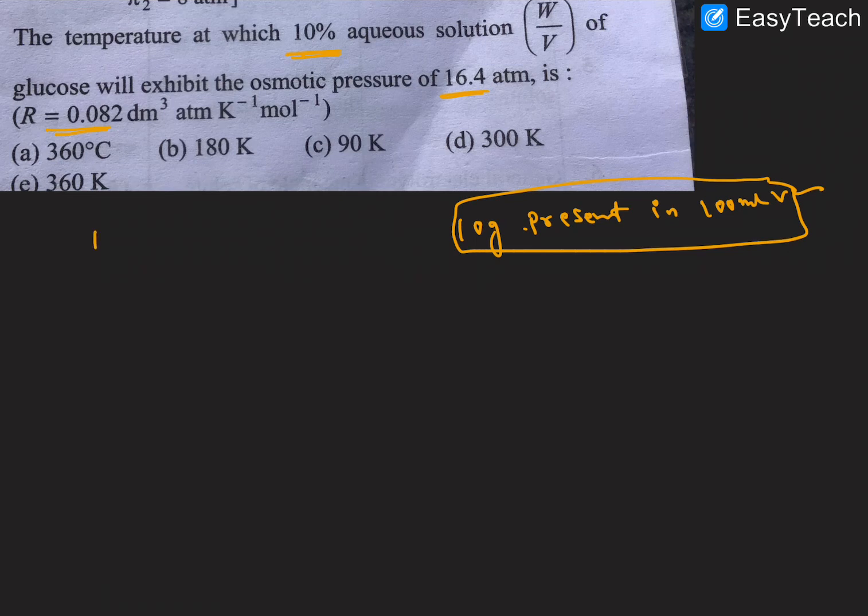Generally the formula for osmotic pressure is pi equal to CRT. C is nothing but concentration, which is molarity. What is the molarity formula? Molarity is equal to weight by gram molecular weight into 1000 by V, the volume in ml.